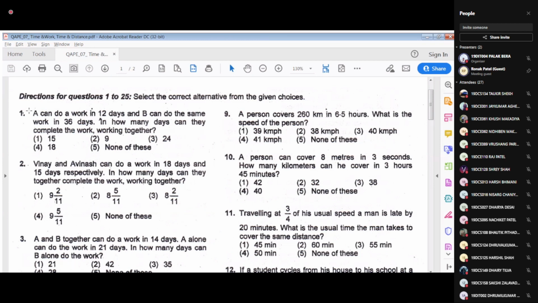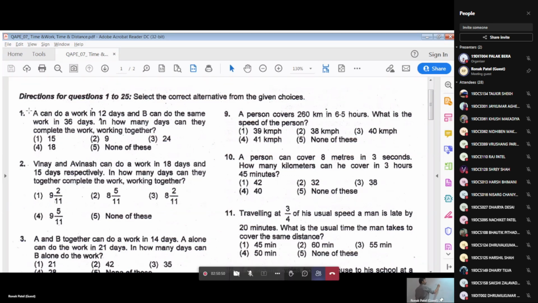One can do it in 12 days, the other can do the same in 36 days. So 1/12 plus 1/36. Taking 36 as LCM, that is 3/36 plus 1/36, which is 1/9. So the answer is 9 by 1, that makes 9 days. Clear everyone? The first question is very simple. Now let's go with the second one.